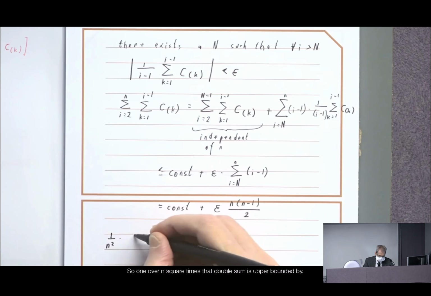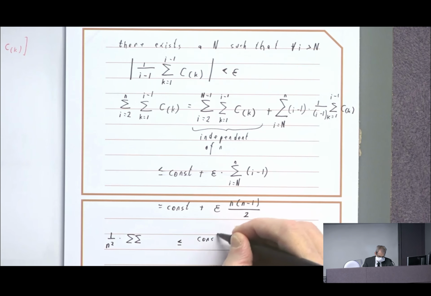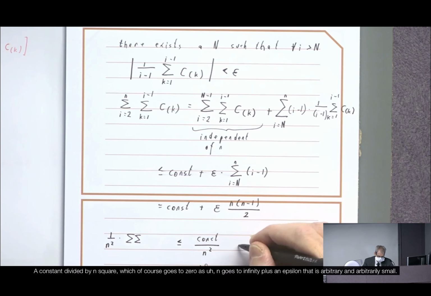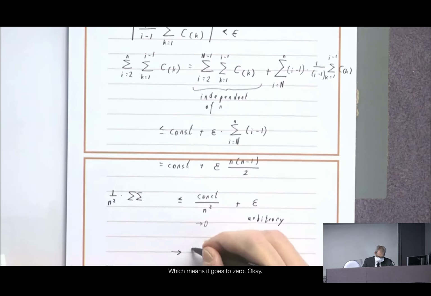So 1 over n squared times the double sum is upper bounded by a constant divided by n squared, right, which of course goes to 0 as n goes to infinity, plus an epsilon that is arbitrary and arbitrarily small, which means it goes to 0.